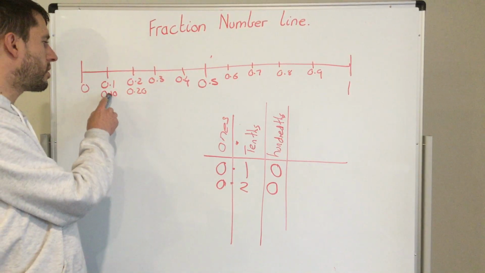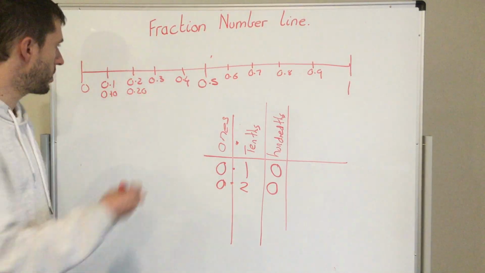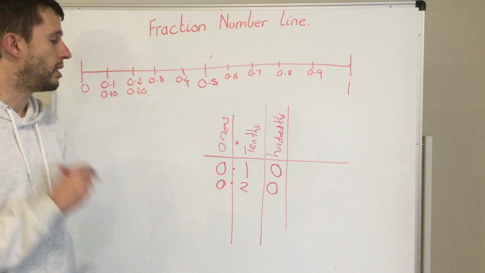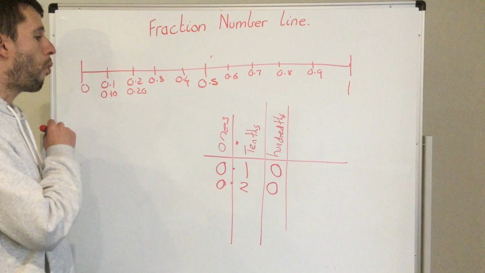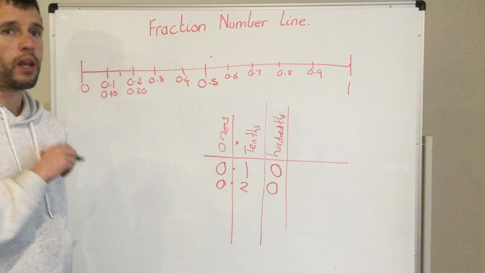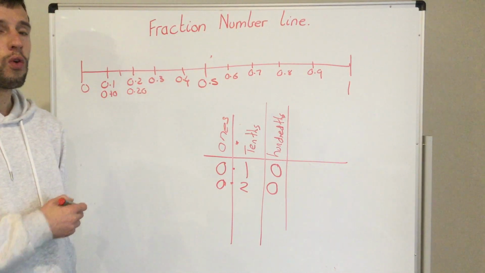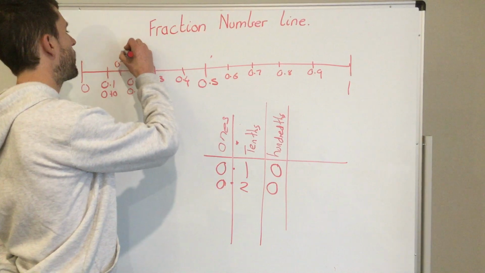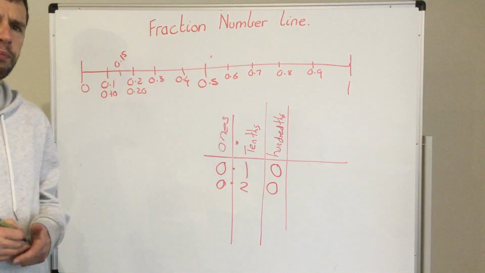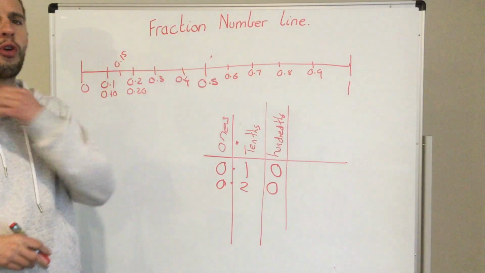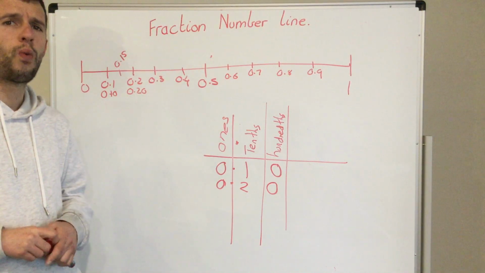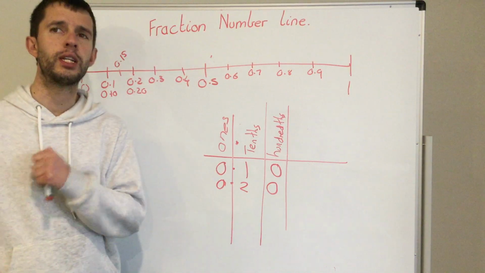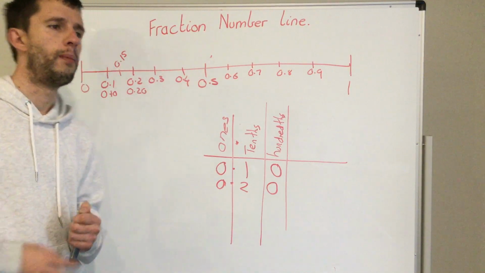So between 0.10 and 0.20, I'm going to have 0.11, 0.12, 0.13, 0.14 and 0.15 in the middle there. And that will be the same across our number line. So that makes it really simple straight away to see where any fraction is going to go a lot more accurately.